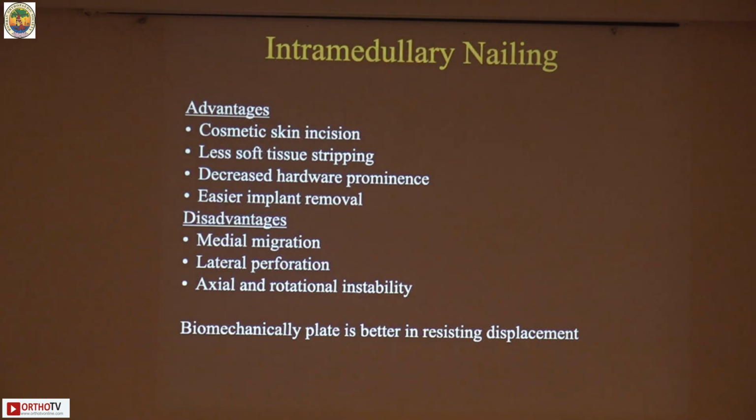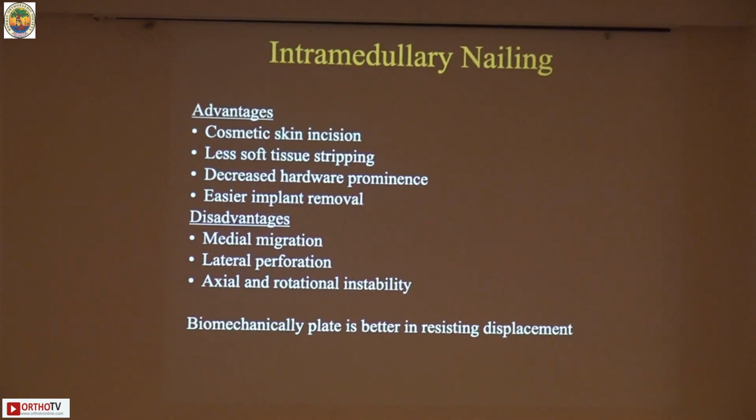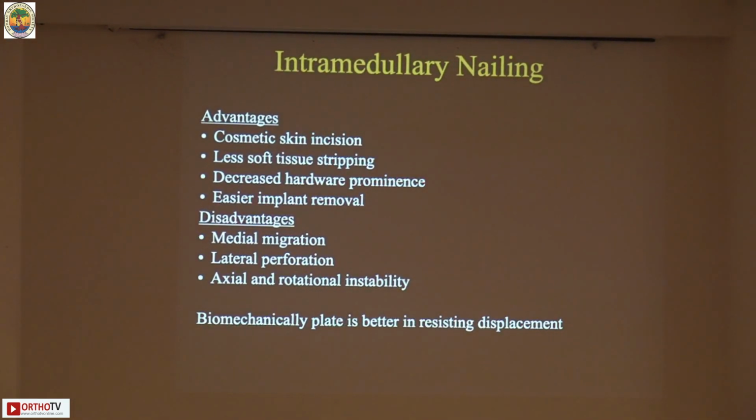With the intramedullary nail, the skin incision is cosmetic, there is less soft tissue stripping, decreased hardware prominence, and easier implant removal, but medial migration is common, lateral perforation is common, and there is no axial and rotational stability. Biomechanically, the plate is better at resisting displacement.